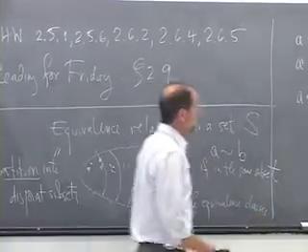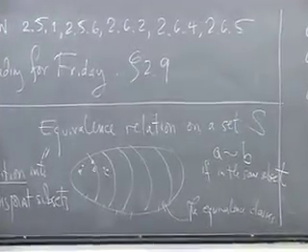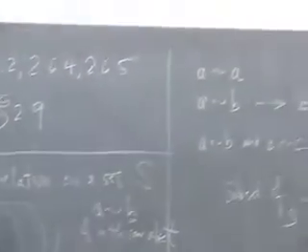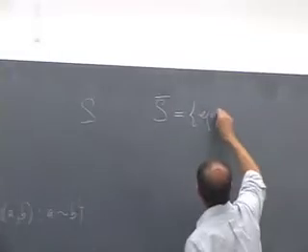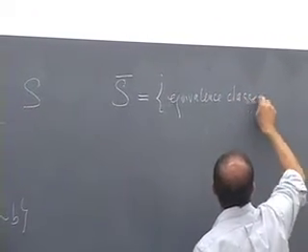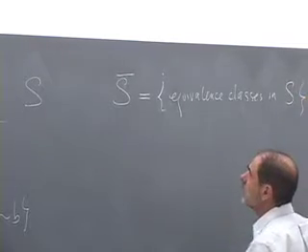And you have a map, let's call S the set, and let's call S bar the set of equivalence classes in S for an equivalence relation.